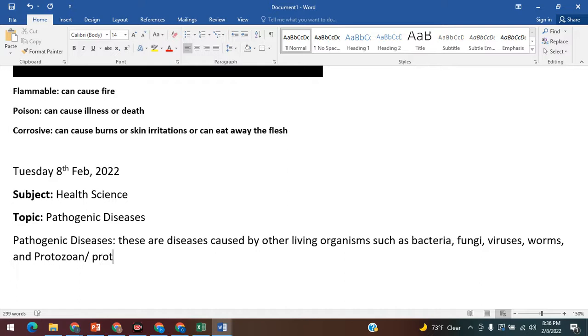And that's basically a single cell, so a protist is a single-cell organism. All right.